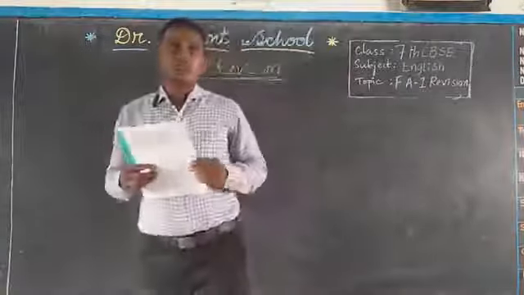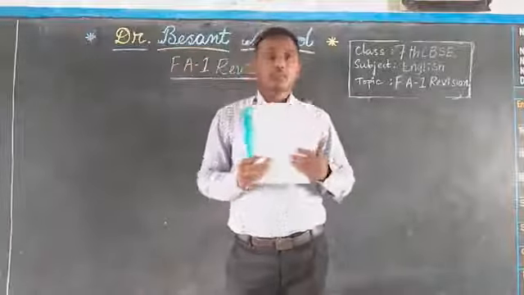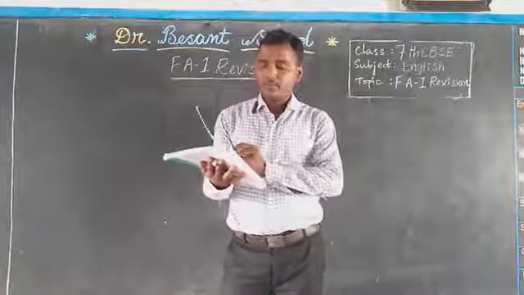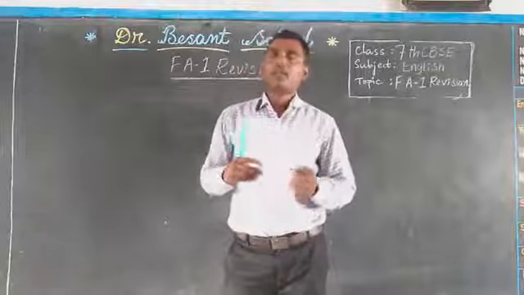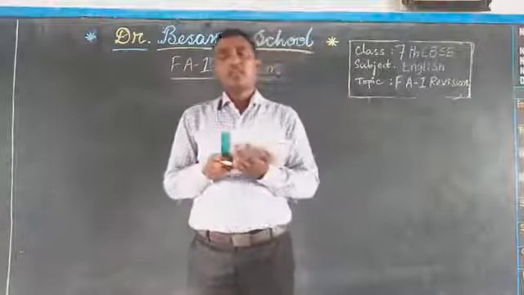Children, already you know that your examination paper will be for 25 marks. It is an objective test, right? Earlier we discussed some pronouns, grammar part. From grammar part you can get 7 marks, right?